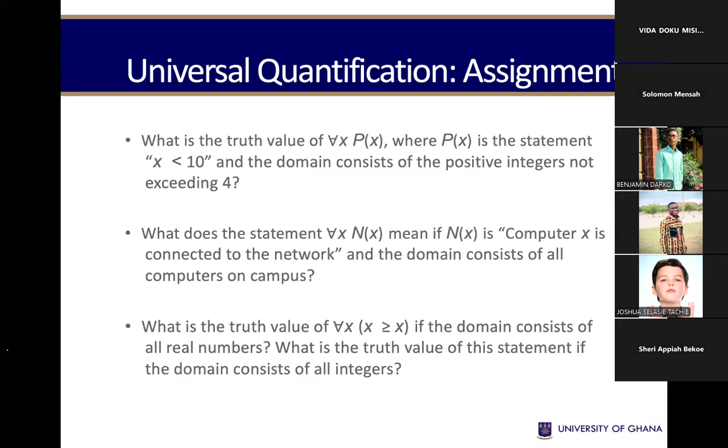And since we cannot find a real number that will be greater than itself, we stick to the equality part and conclude that this particular statement is true. The integers too, if you check very well, it is also going to be true because of the equality there.